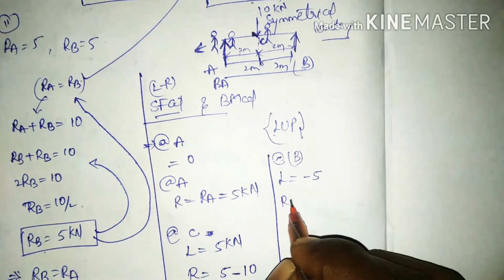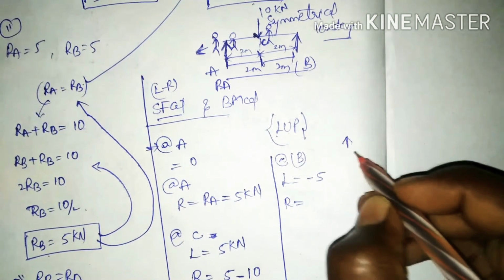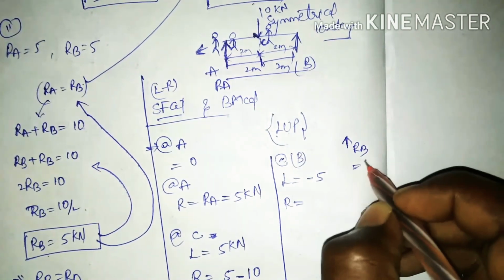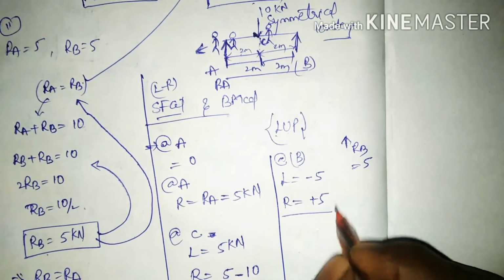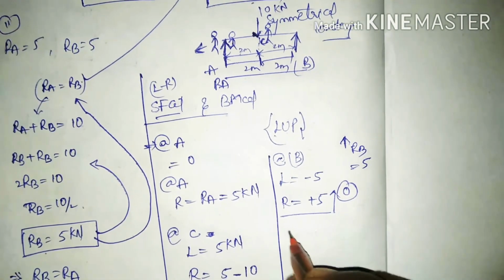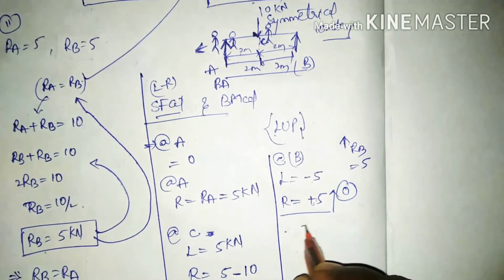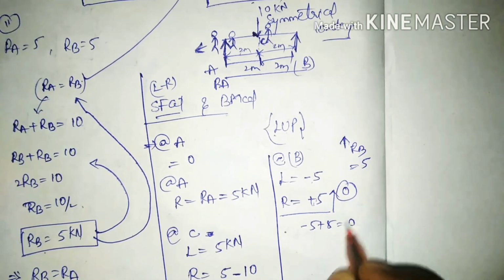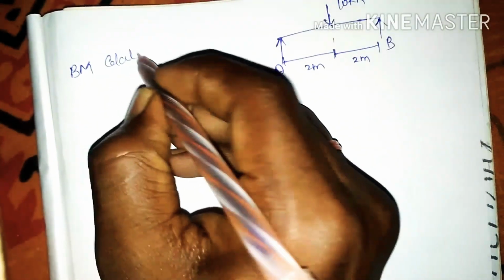To the right of B, I have an upward reaction RB, that is equal to positive 5, and it goes to 0 on the reference line. To the right of B, this is minus 5, and minus 5 plus 5 goes to 0 on the reference line. Bending moment calculations.